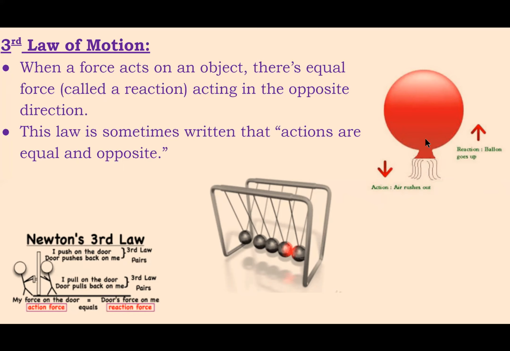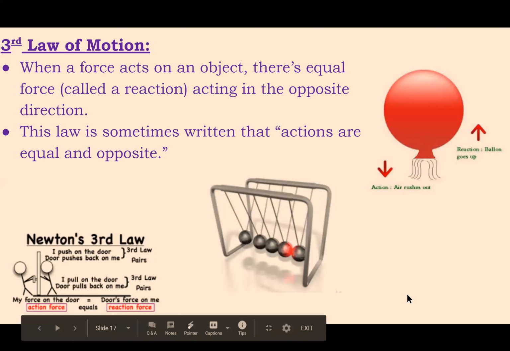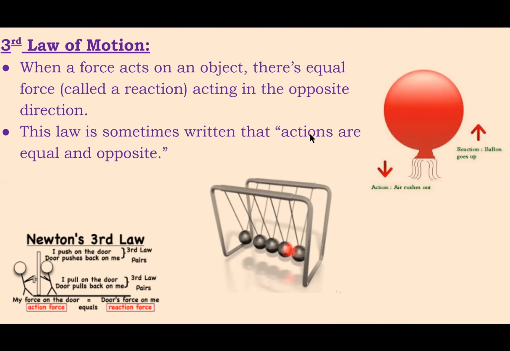All the force, work, and energy that you put into blowing up a balloon has been stored up. The moment you let that go, that air is going to push on the balloon. So that's a reaction to the action. The action is the air rushes out. As the air rushes out in one direction, the reaction is the balloon goes up, uncontrollably flying in every direction.